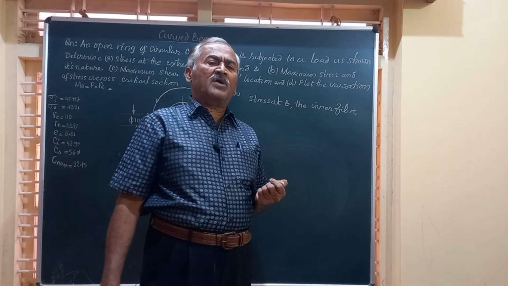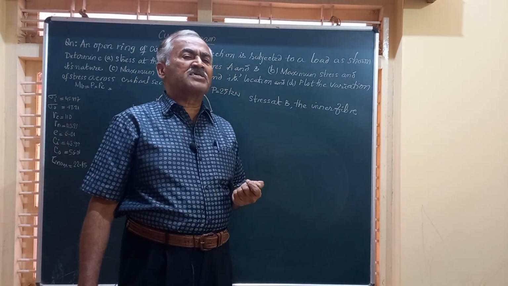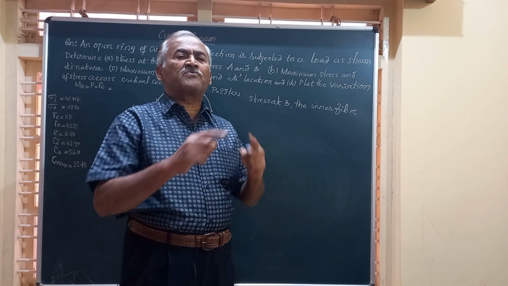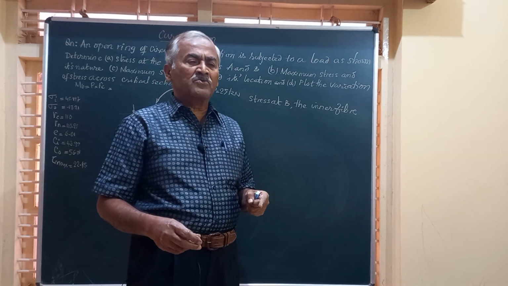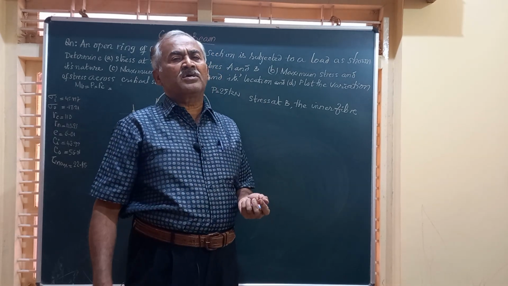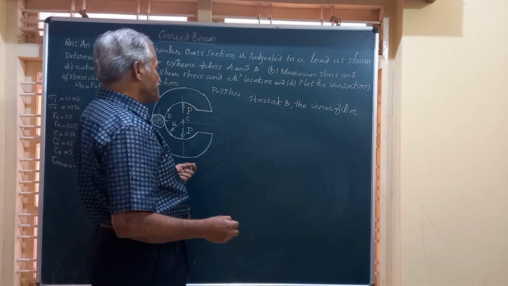And we have got formulae in the machine design data handbook given in the form of a tabular column, wherein you can get all the information about the cross section.